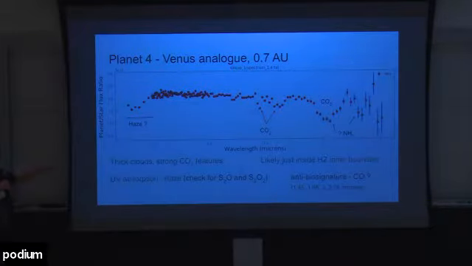It's on the inner boundary of the habitable zone, so it's in a good location, except that we don't see any kind of biosignatures. In fact, there's possibly some carbon monoxide, which in combination with CO2 would be an anti-biosignature.